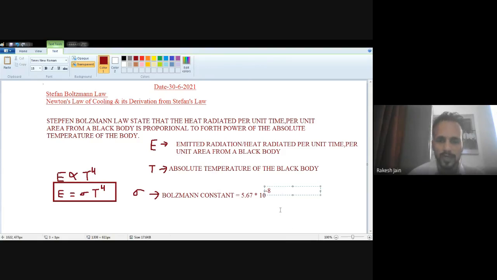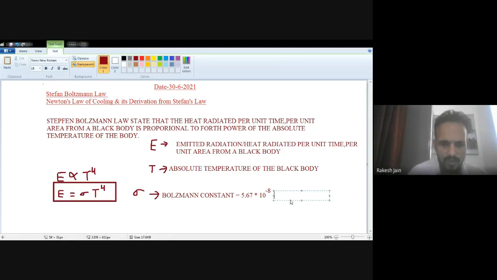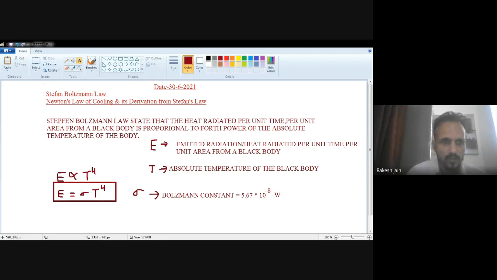If we want to write down the unit, it is watt per meter square Kelvin raised to the power 4. Okay, so this is the Stefan-Boltzmann law.